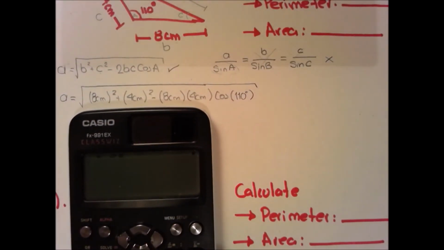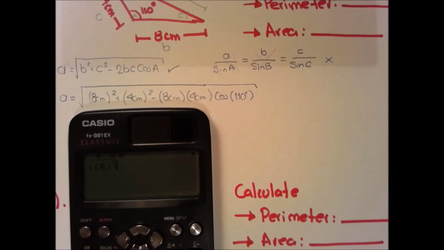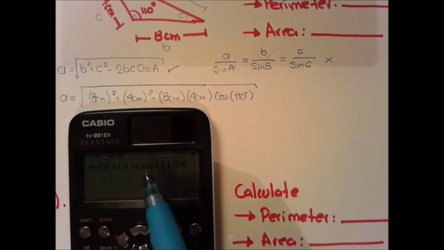I'm going to put the square root of, open parentheses, 8 close parentheses squared, plus 4 squared, minus, open parentheses, 8 times 4 times cosine of 110. Remember, it should be in degrees.